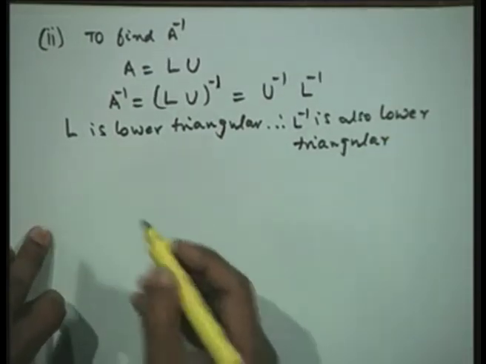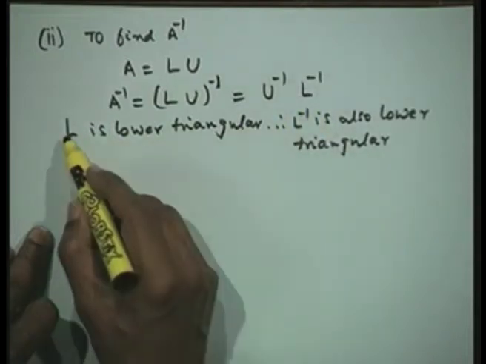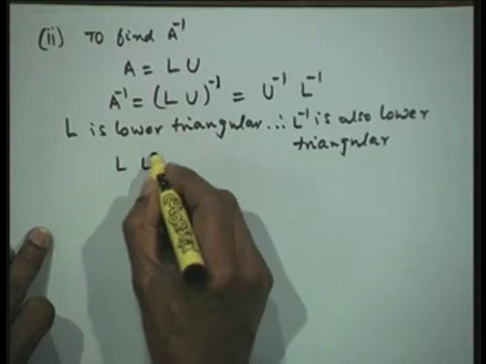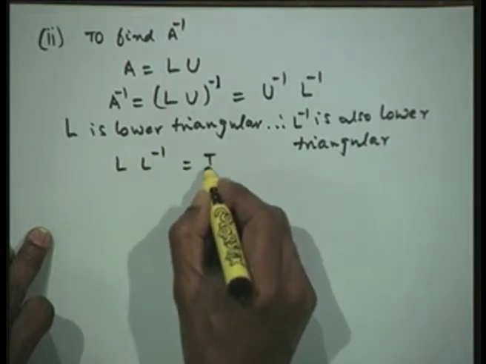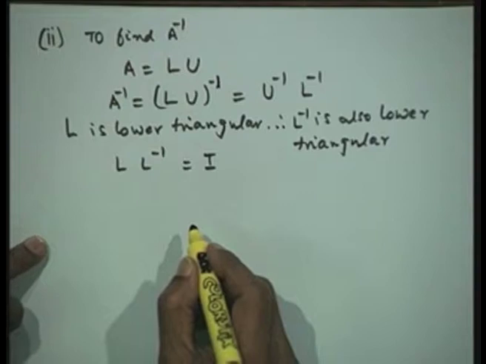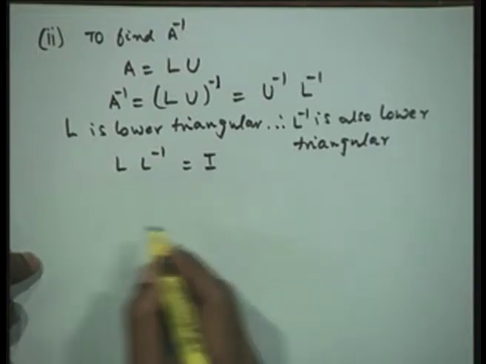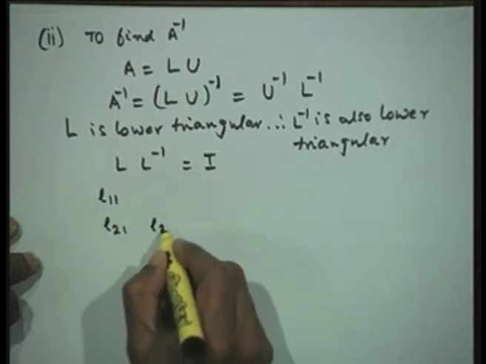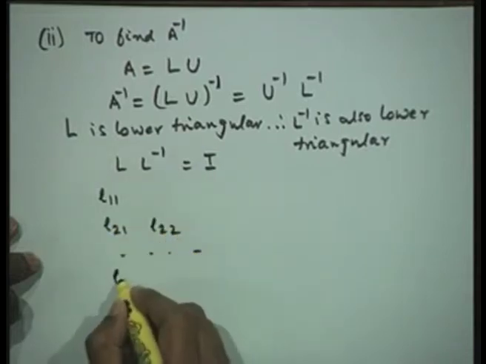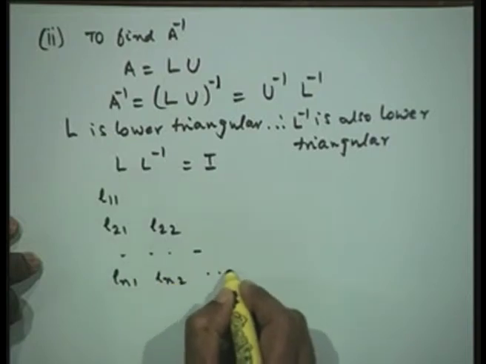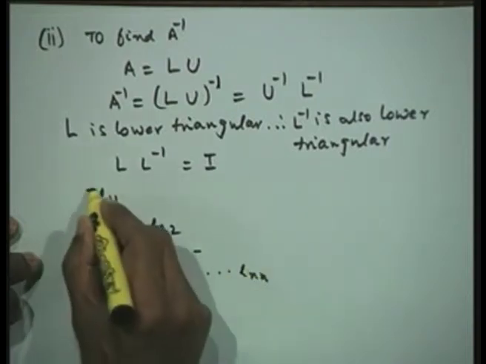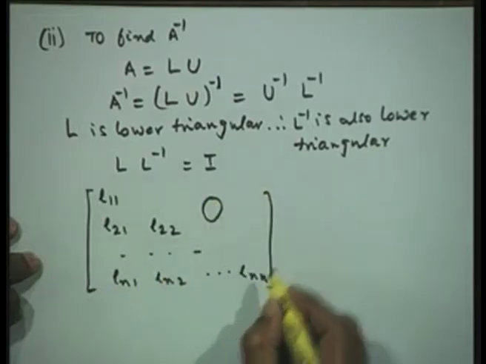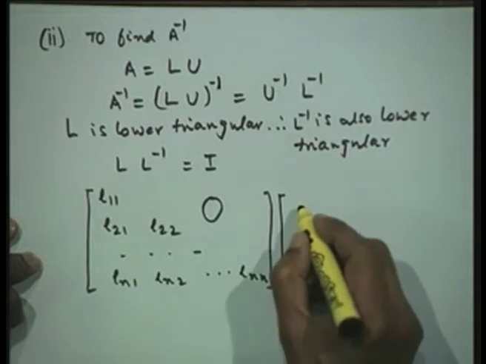Now, what does that imply? Knowing L, I want to find L inverse. Therefore, to find the elements of L inverse, I will use the identity L into L inverse is equal to I. That means I will write down L11, L21, L22, Ln1, Ln2, Lnn, and then the inverse is to be determined.